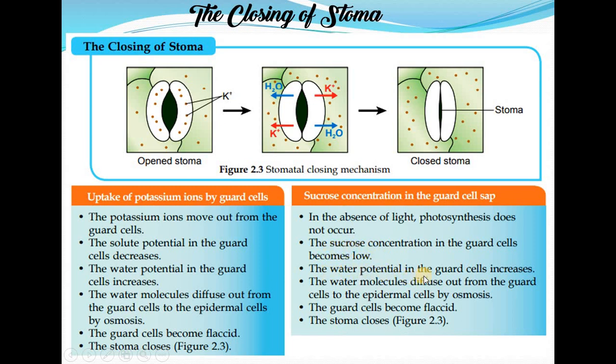The water potential in the guard cells increases, meaning that the guard cell becomes hypotonic to the epidermal cell. So the water molecules diffuse out from the guard cells to the epidermal cell by osmosis, and the guard cells become flaccid and the stoma closes like this. These are the two factors that allow the stoma to close.